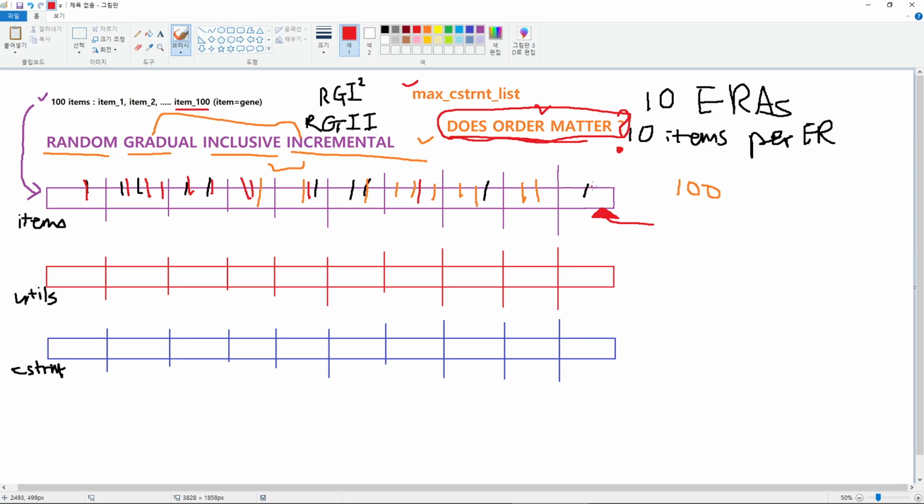And of course, the utility values and the constraint values would be the same, but according to what items were chosen. Okay, cool.